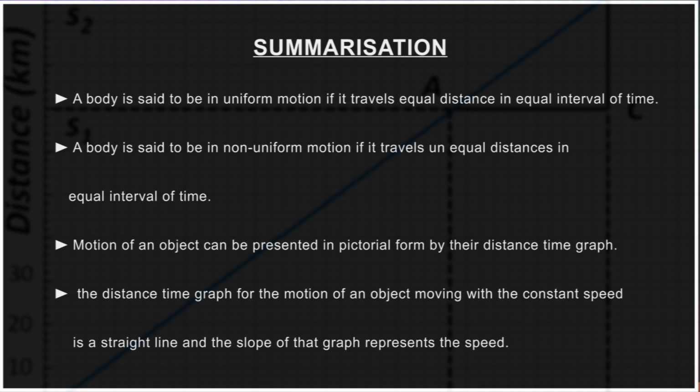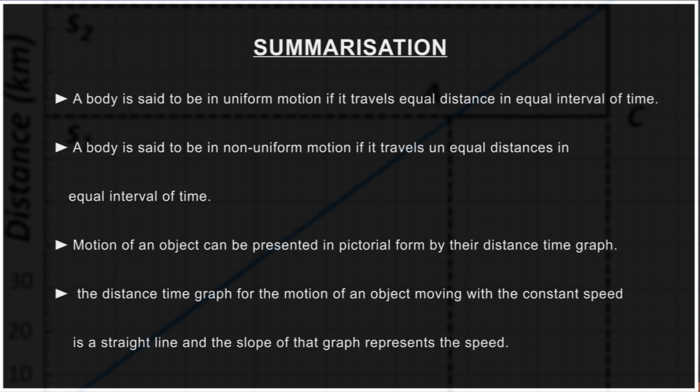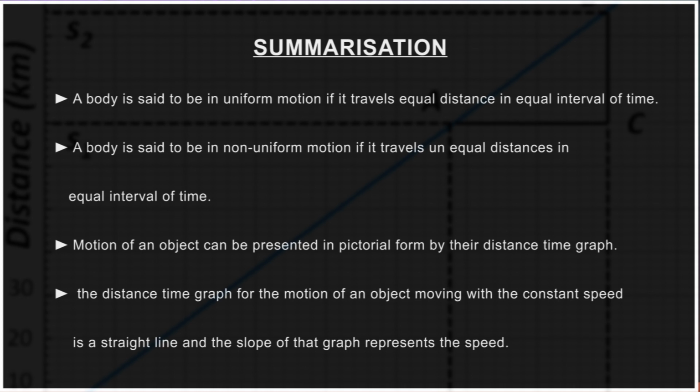Motion of an object can be presented in pictorial form by distance time graphs. The distance time graph for the motion of an object moving with a constant speed is a straight line, and the slope of that graph represents the speed.